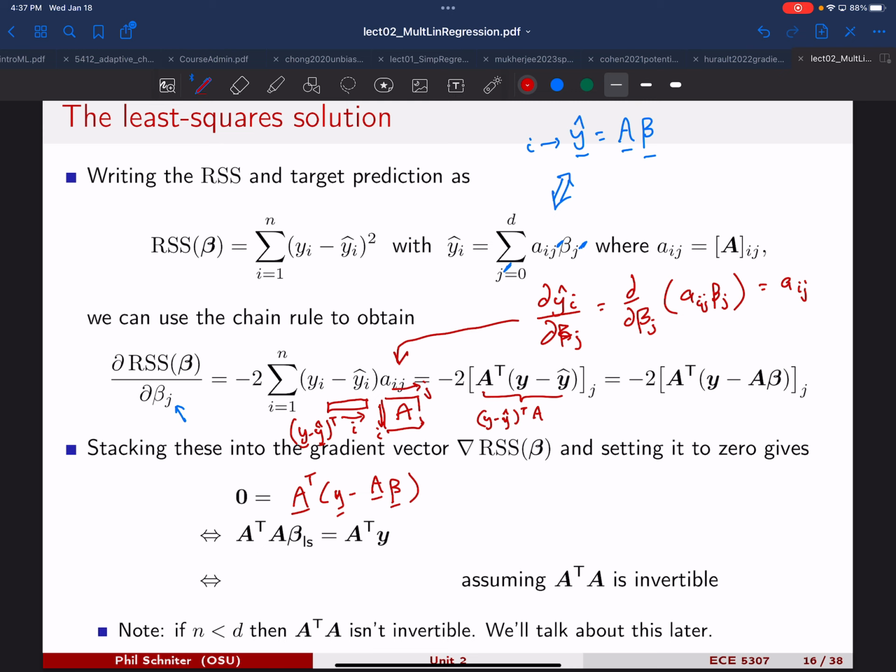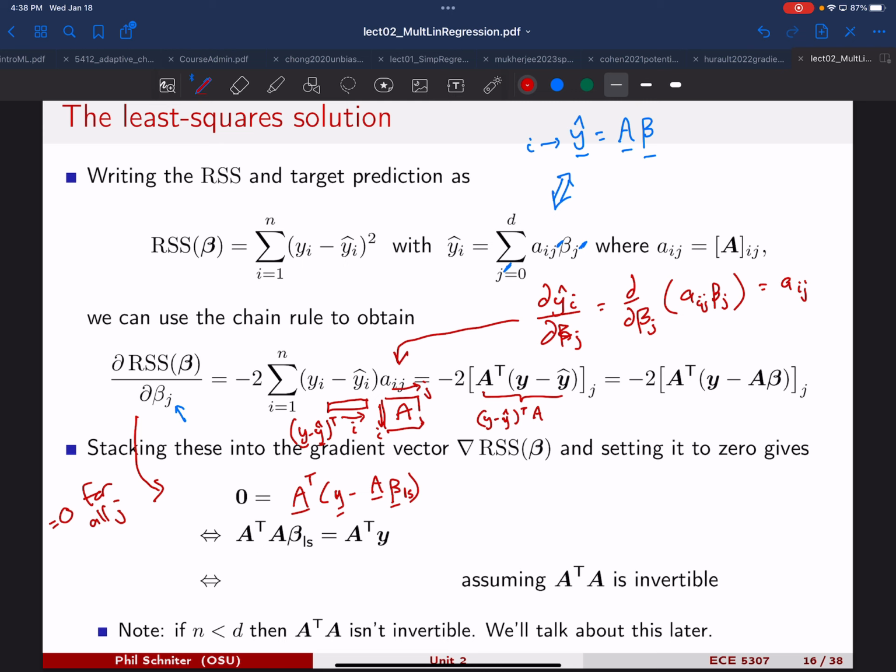Okay. So this being equal to 0 for all j gives me that equation. And now we're in the home stretch. As you can see, and I should write, this is happening especially at the least squares solution.